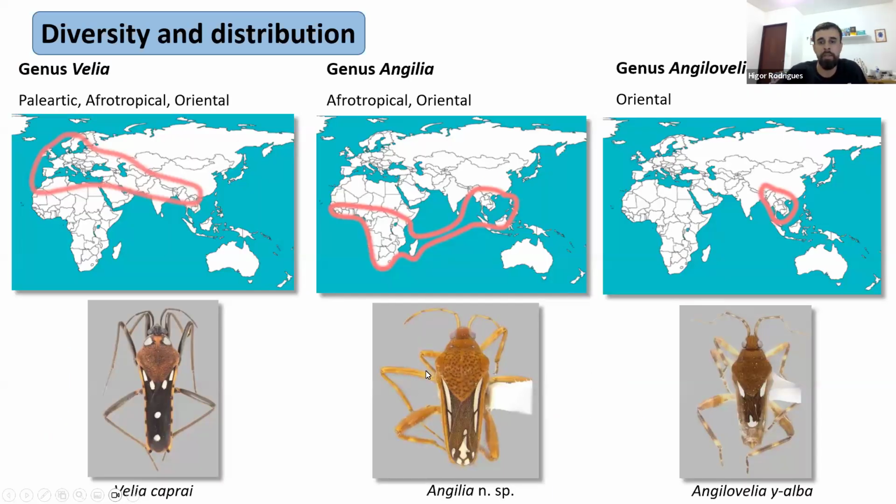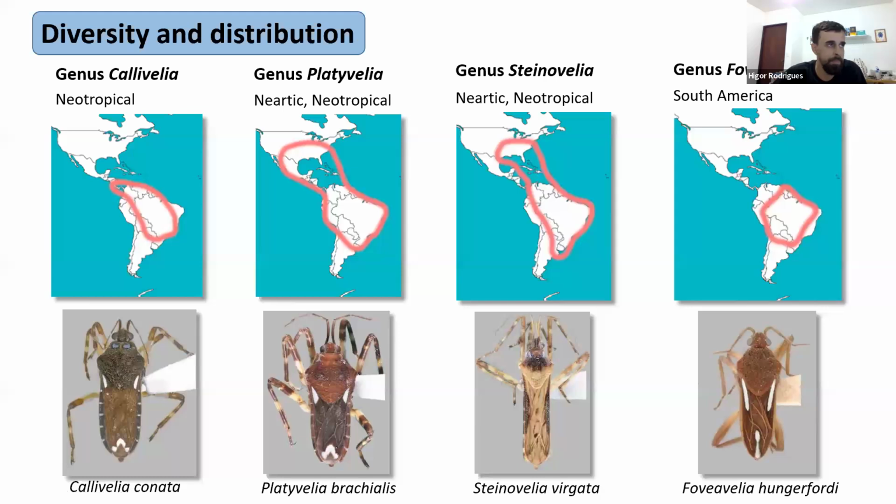Here are the distribution areas of each genus. Some of them are widely distributed, while others are more restricted. For example, the genus Angulovelia is restricted to Southeast Asia and has just 1 species.